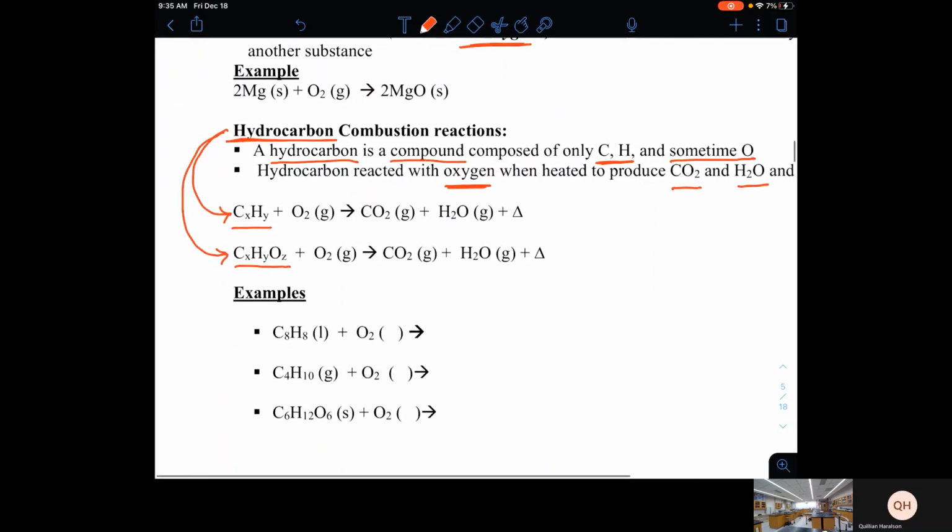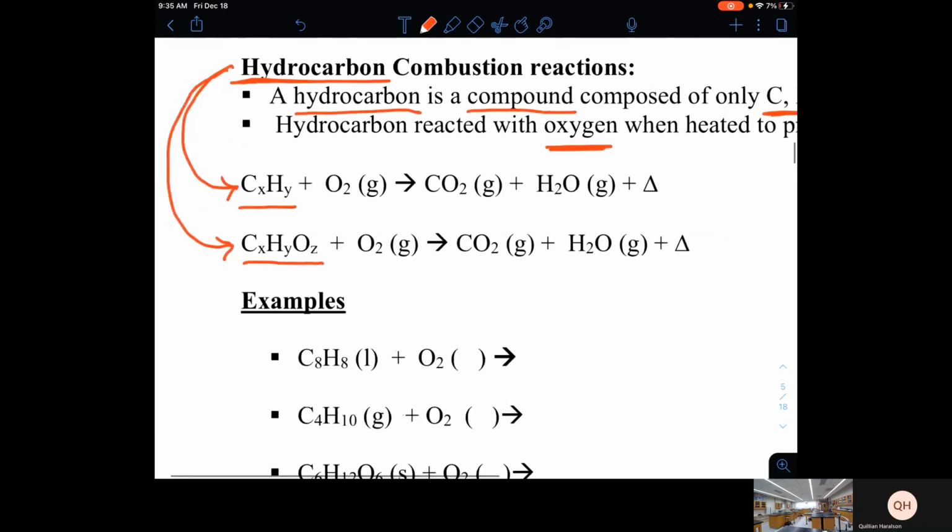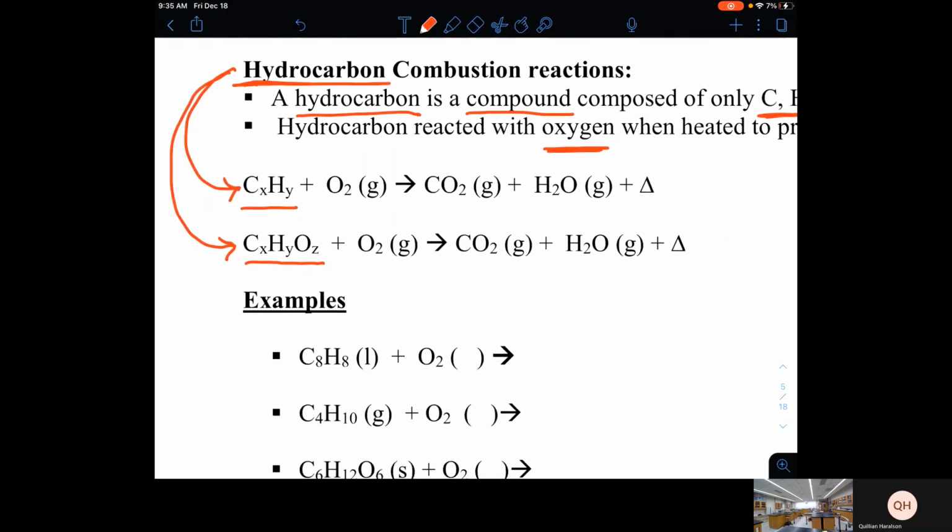So basically what I did here is I gave you the basic backbone of what's going to happen for a combustion reaction. If I have CxHy reacting with O2 gas, it's going to produce CO2 gas plus H2O gas, plus we're going to get this heat that's coming off of it. If it happens to involve oxygen inside of that hydrocarbon as well, you're still getting the exact same product, CO2 plus H2O plus delta.